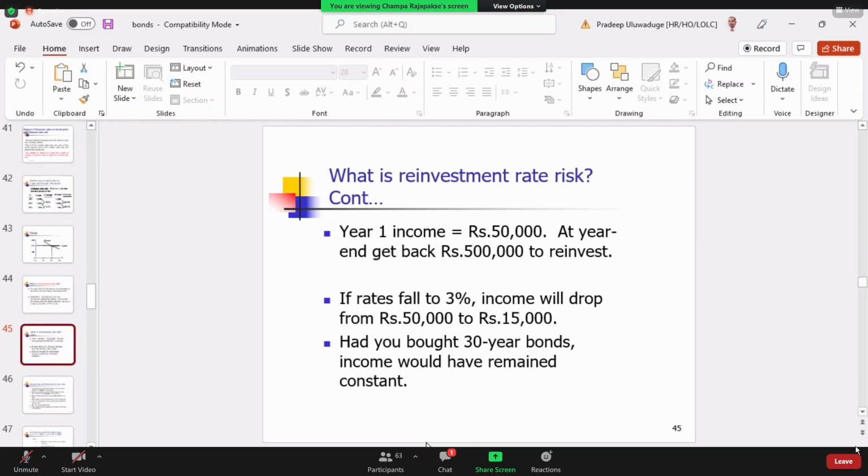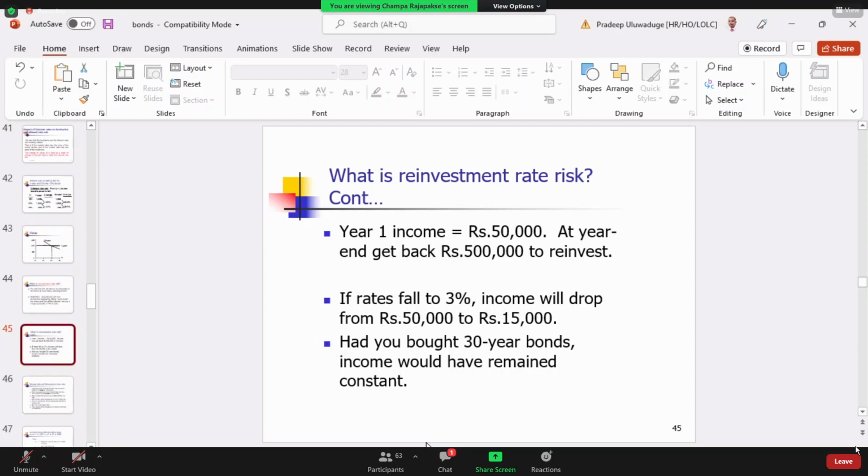At the end of the year, you earn 50,000 as interest and you get back your capital, so the total amount in your hand is 550,000.